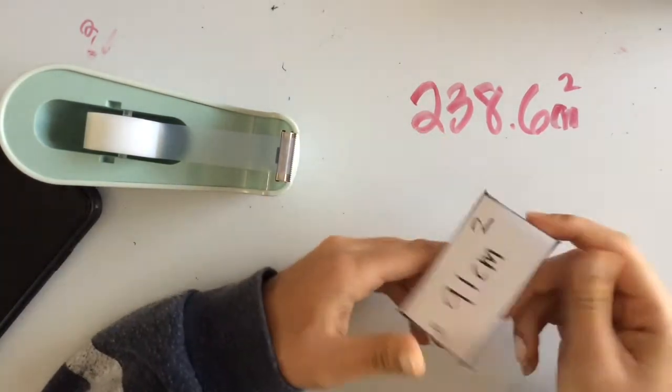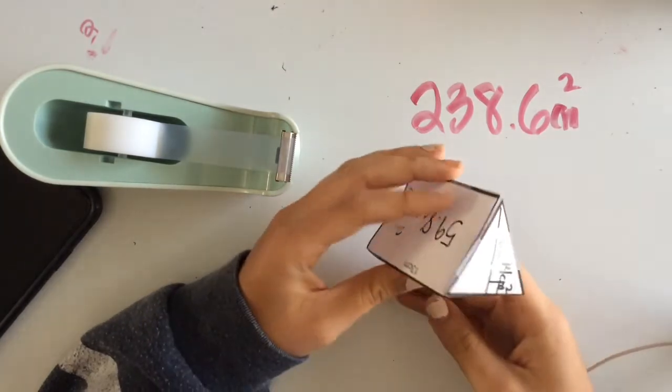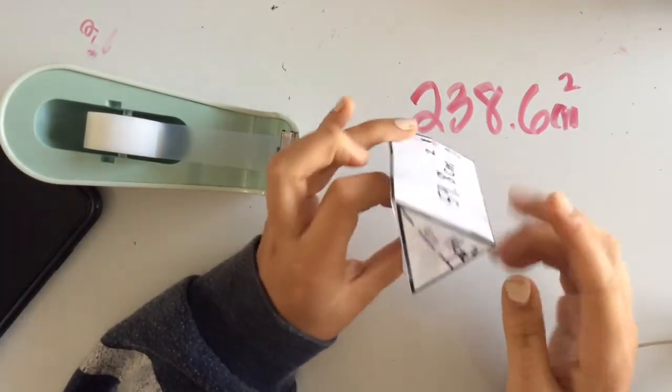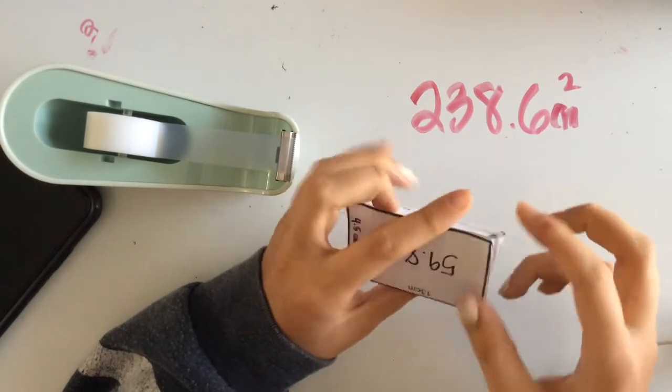All right, here we have it, a three-dimensional prism. Okay, this specifically is a triangular prism.